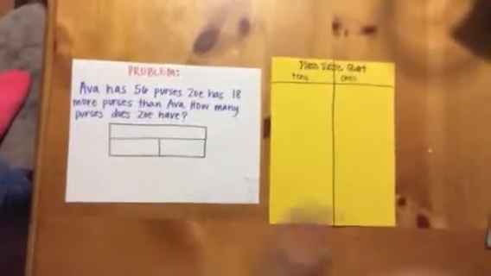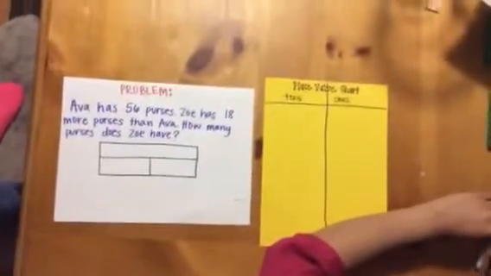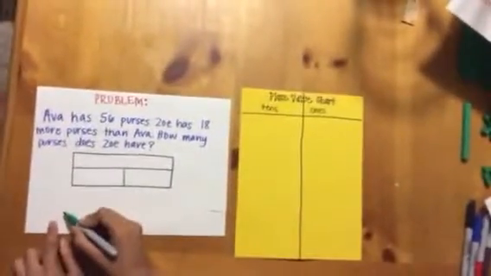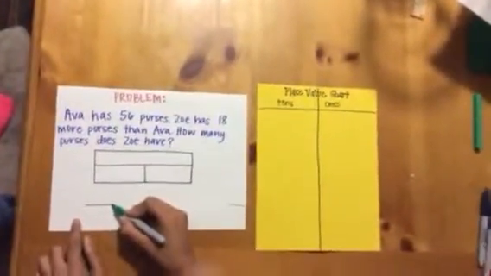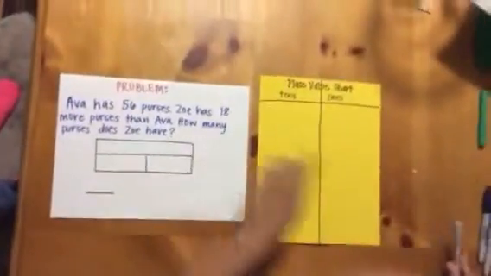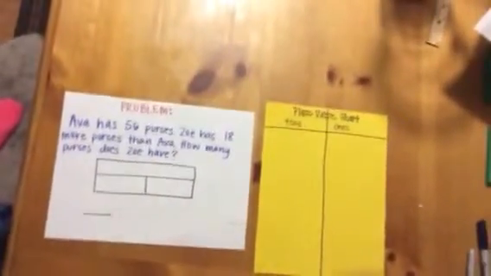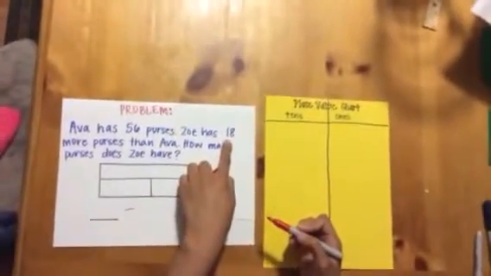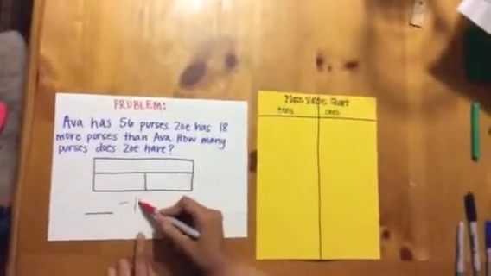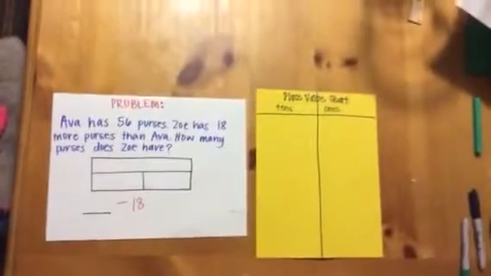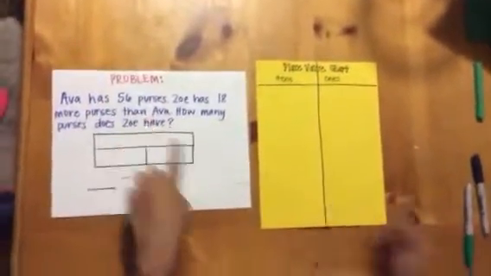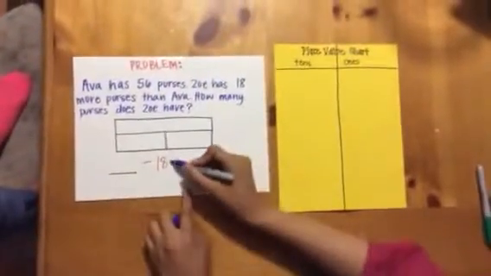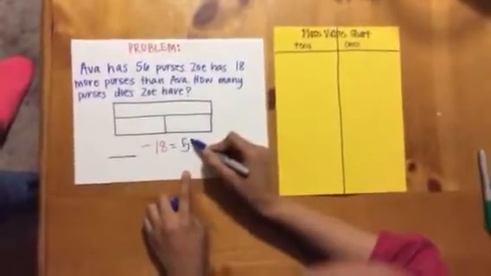One way we can write this is as follows. The number of purses that Zoe has, minus 18, the number that Zoe has more of than Ava, is equal to the number of purses that Ava has.